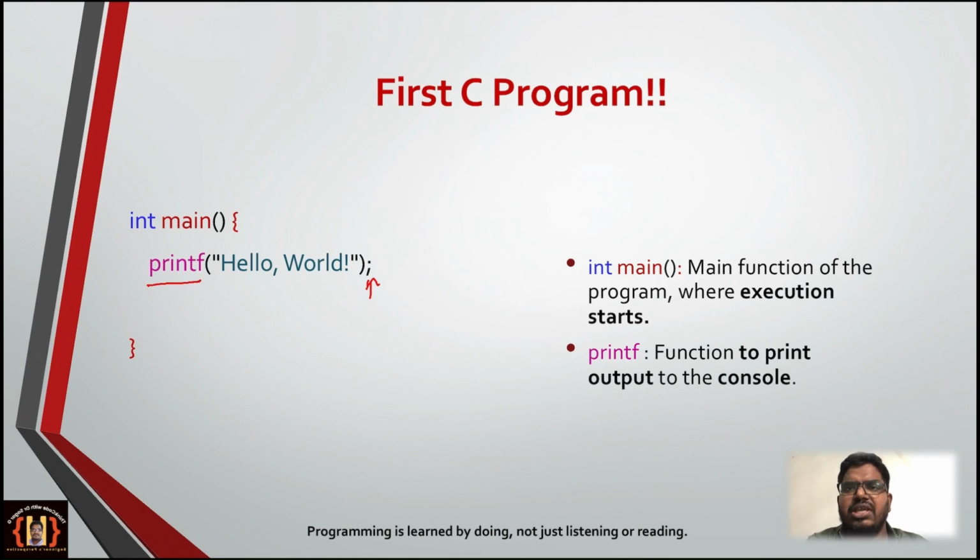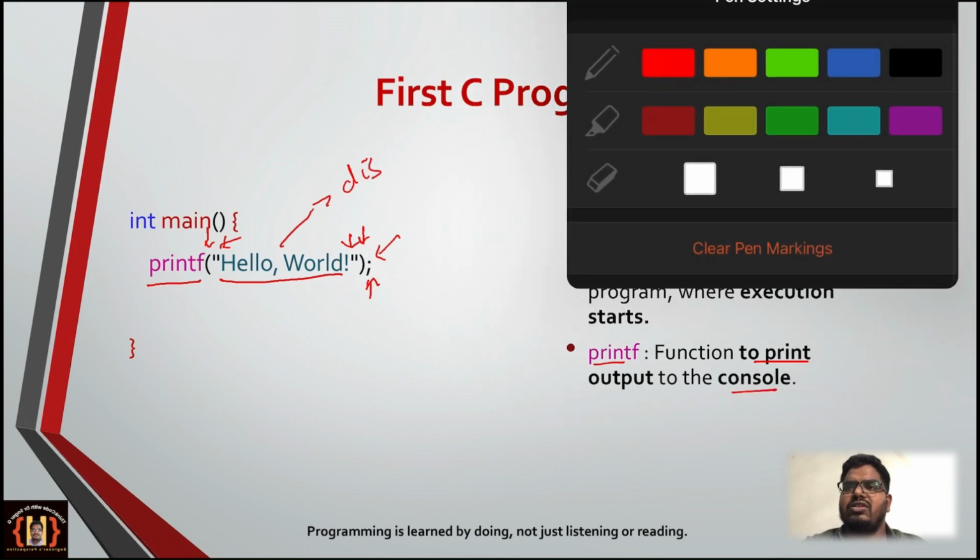Always printf should be there, always opening brace whenever you use printf, always closing brace, always semicolon, and always double quotes. And whatever you want to print or display, you can type here. Okay, this is displayed on the console window. I'll explain with the demo also. Now understand what it means, right? So printf is the function that is used to print the output to a console. I'll explain that also with the demo now.